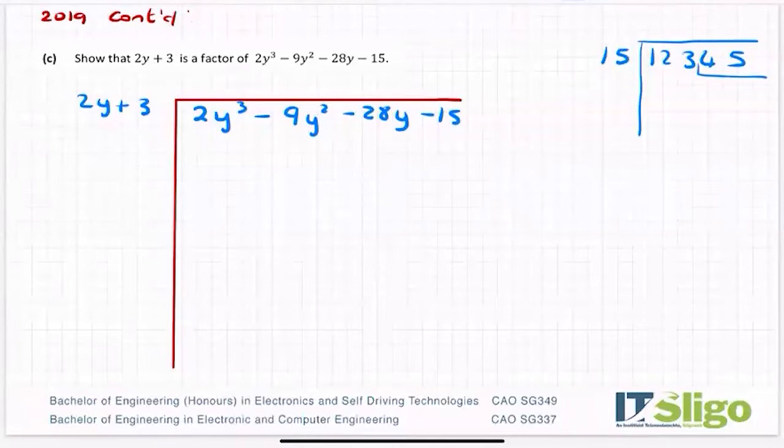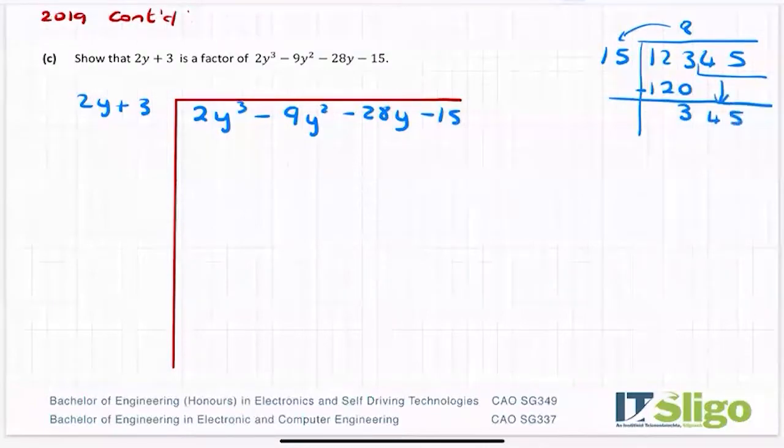And then 15 by what? 8 gives me 120. So what you do then is you multiply 8 by the 15 to give you 120. You change its sign and then you subtract them to give you the remainder. Then you take the 45 down, and then you do it again.